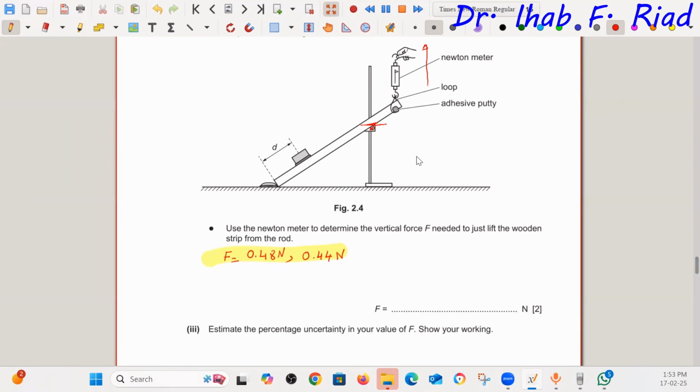As usual, we repeat this procedure 2 times, and we take 2 values for the force. We use the average. What is the average now?